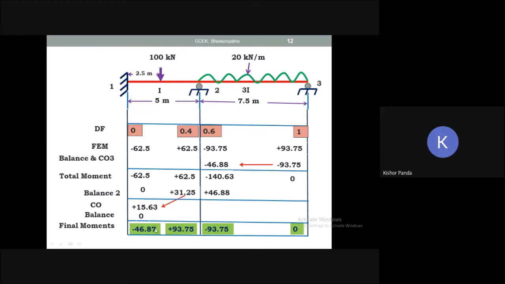This is minus 46.87. And here this is 62.5 and this one is 31.25. So what is the total moment here? Plus 93.75. And here minus 140.63 plus 46.88. So what is the total moment? This is minus 93.75. And here already you got this is 0. This you have to put 0. So these are the final moments.